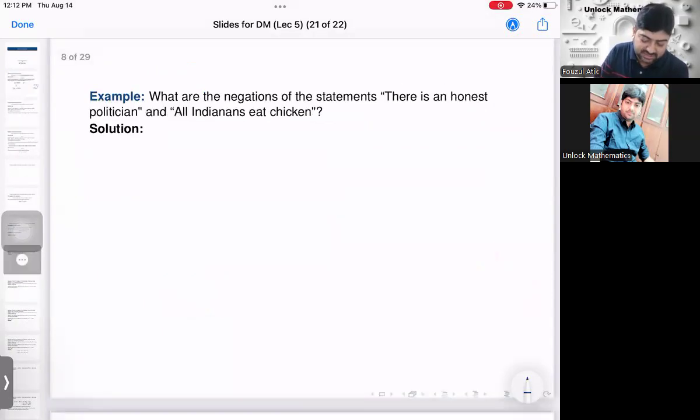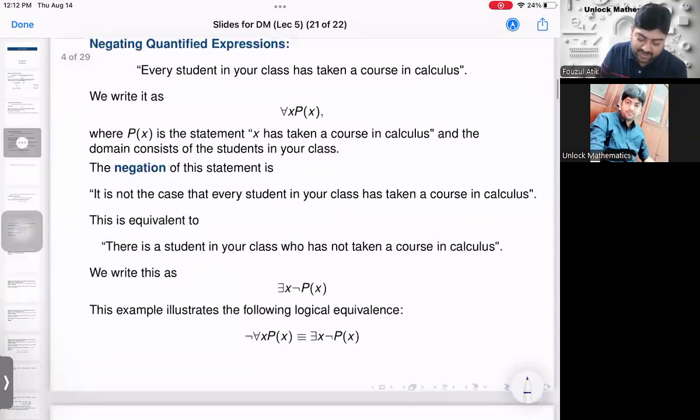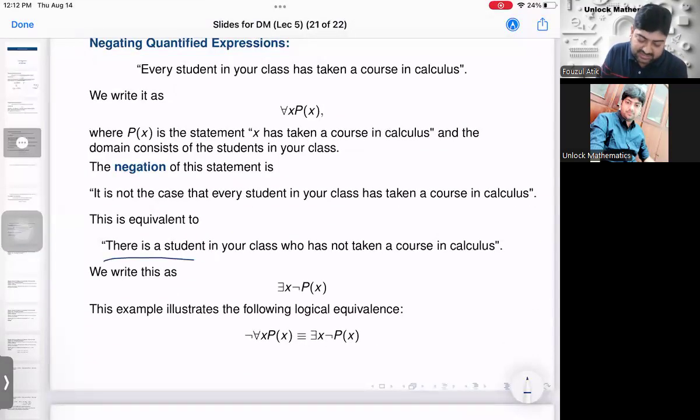So in a short way you will say that there is a student in your class who has not taken a course in calculus. Now, there is a student means there exists, and not taken calculus means not P(x) is true. That means P(x) is not true. So there exists an x such that not of P(x).